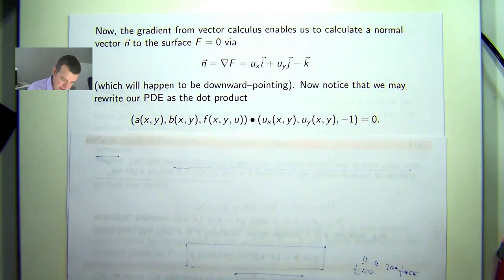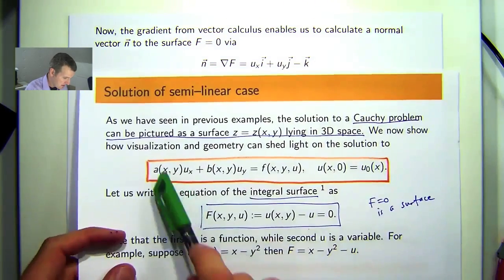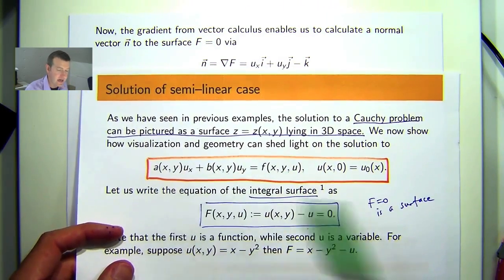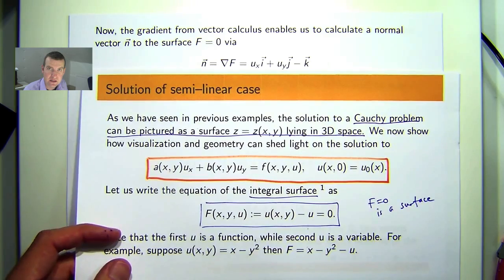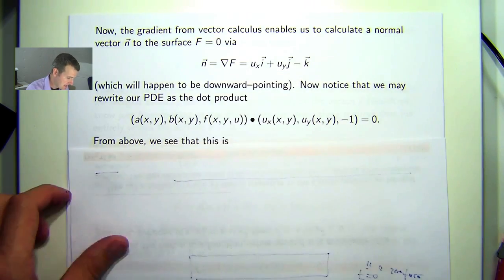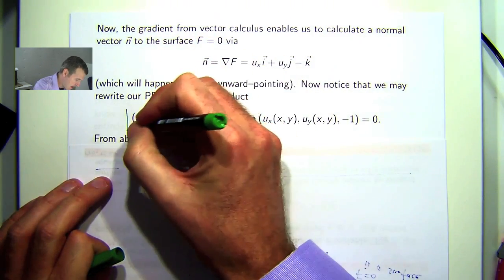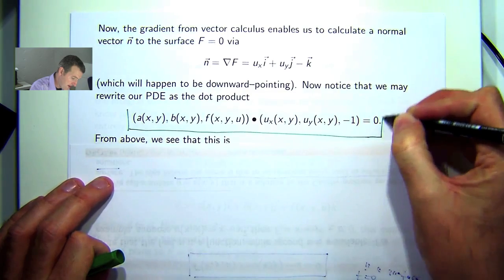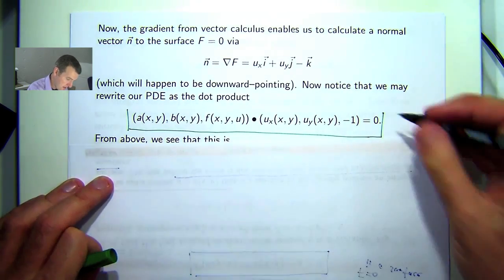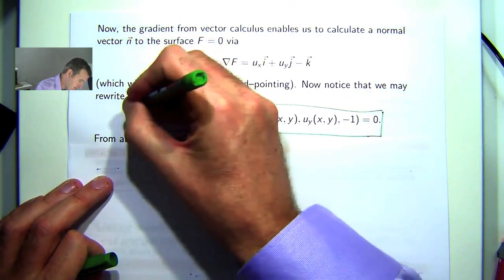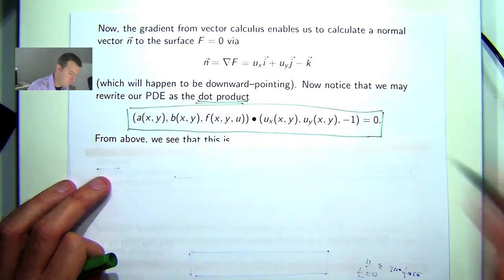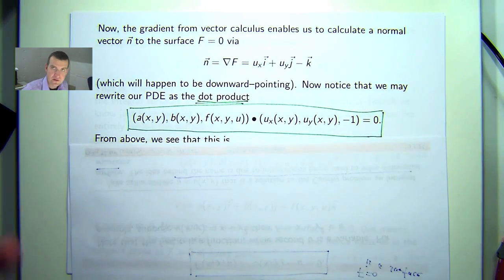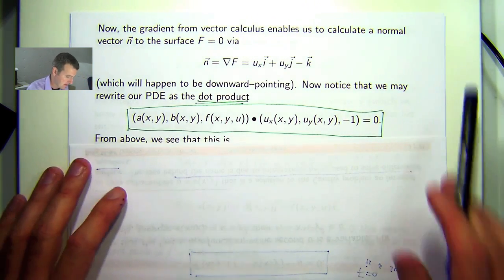Okay, now essentially what we're going to do is take our differential equation and write it as a dot product. So if I take the F to the other side and factor into a dot product form, then you'll see some nice things happen.